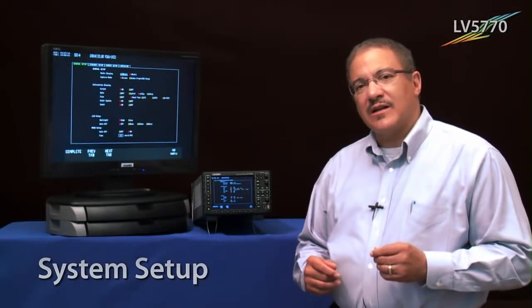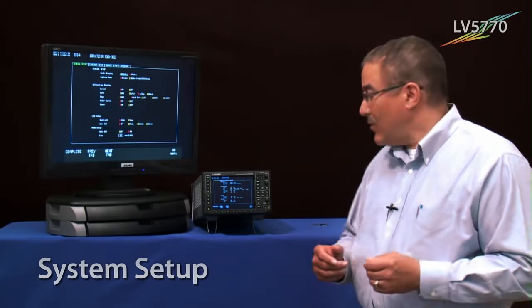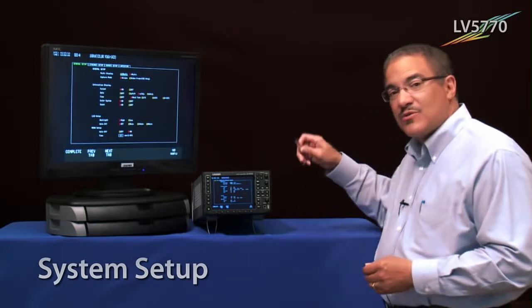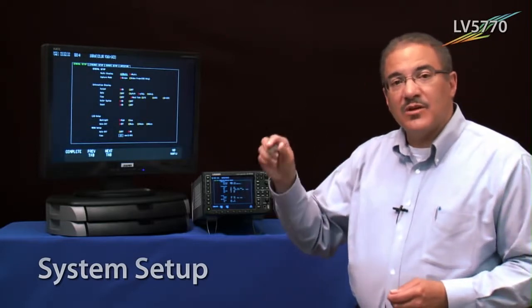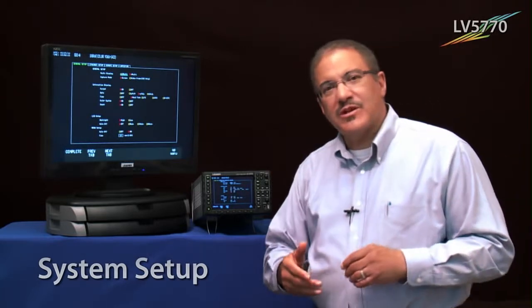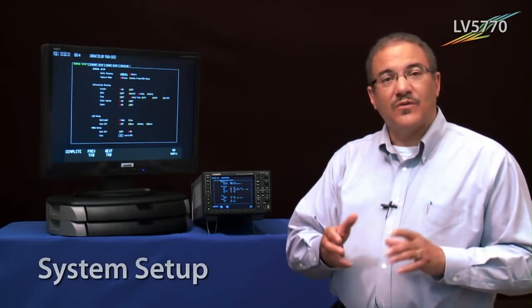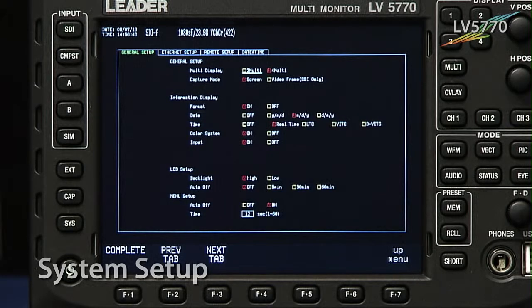What that means is that if you save an actual frame of video, you're able to recall that off of a USB stick, because as you'd save it onto a USB, you'd be able to recall that, and you'd have an actual frame of video, which then allows you to produce waveform, vector, picture from that frame. Let me also mention that if you select video frame instead of screen, you will be able to choose between capturing an actual frame of video or capturing the picture as a full resolution TIFF file.